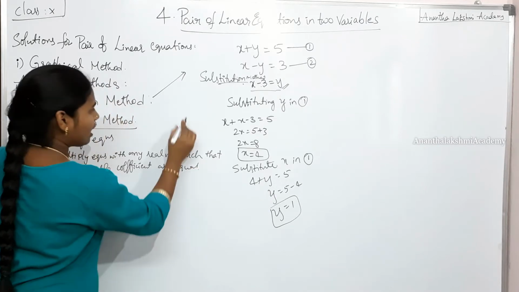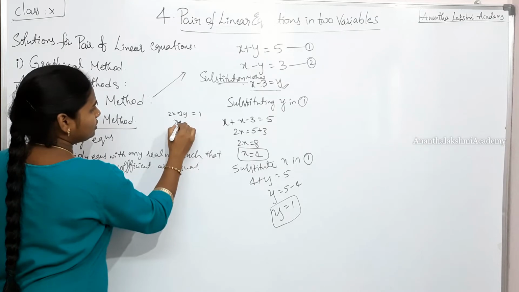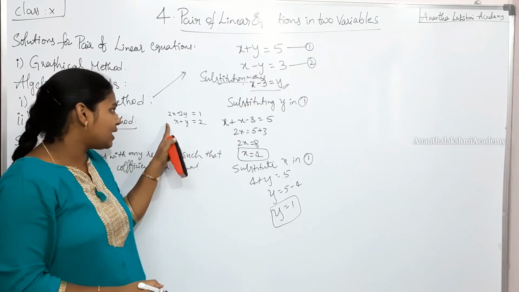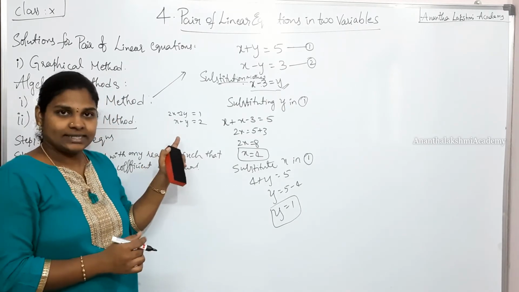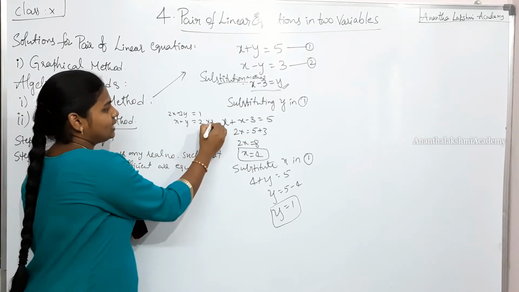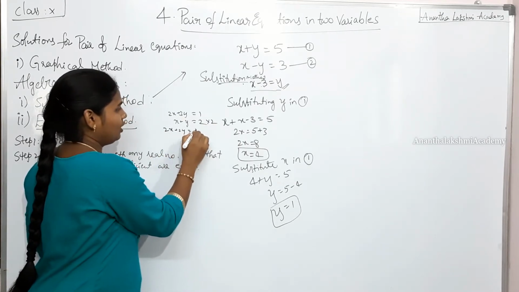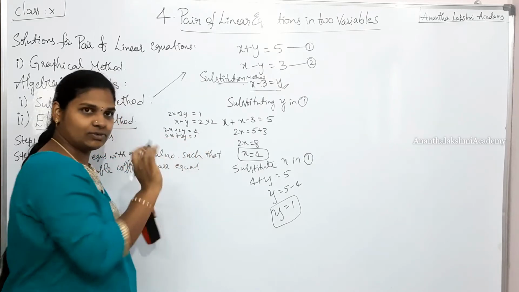Say, for suppose you have an equation of 2x plus 3y is equal to 1 and the other is x plus y is equal to 2. In order to make sure the two equations have at least one of them the same, we just multiply with 2. That way you get 2x plus 2y is equal to 4, and 2x plus 3y is equal to 1 is the first equation we have. That is what you need to do.